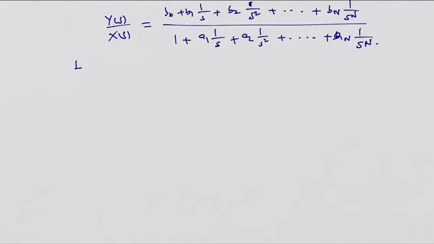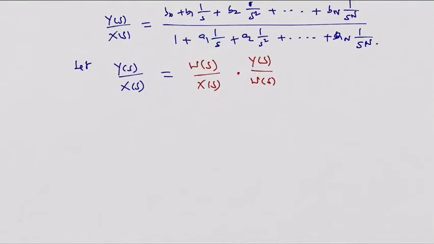I am going to make another substitution here. You are given y of s by x of s. Now we have to rewrite this expression by introducing a new term, w of s. Just imagine, multiplying and dividing by w of s will cancel out the presence of w of s at any time, so you can revert to the original expression y of s by x of s.